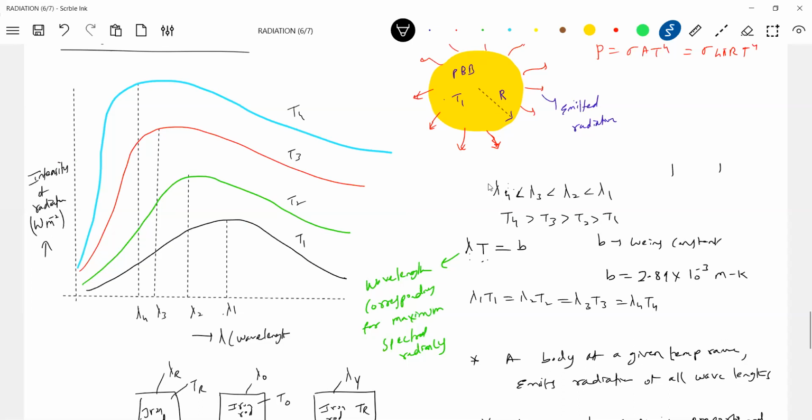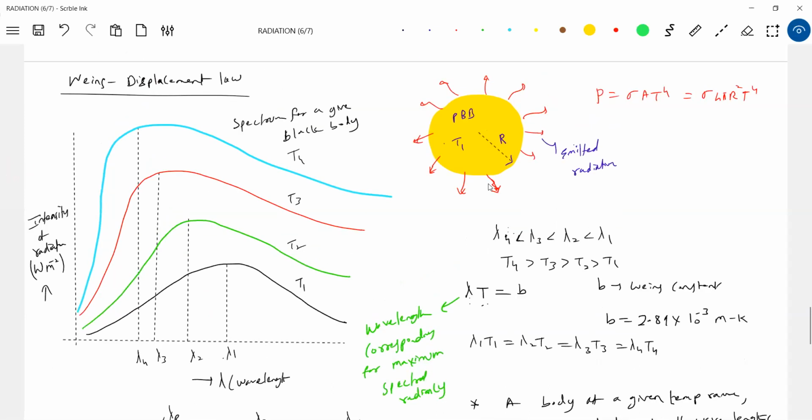Do I agree with the comparisons? This spectrum is for a given body, not different bodies. As I raise the temperature, the curve changes and the wavelength for which intensity is maximum shifts. That's why it's called Wien's displacement law.